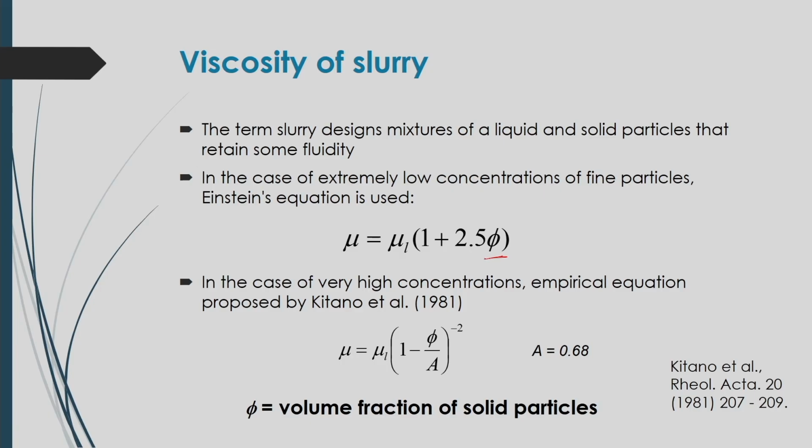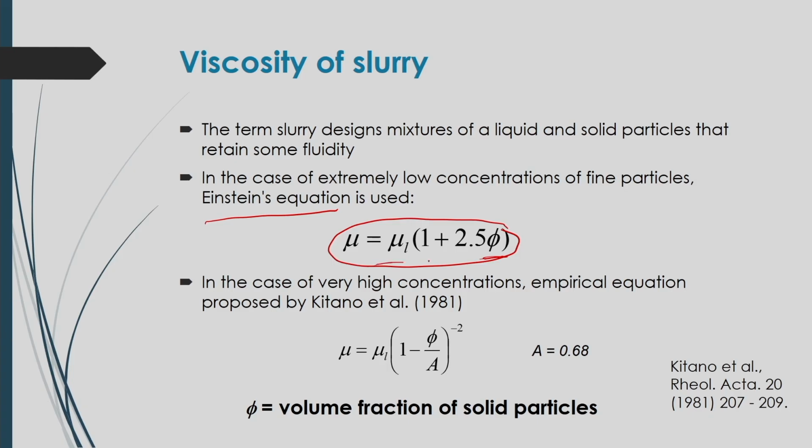If you are adding a low concentration of fine or powder particles, then according to Einstein's equation you can easily calculate the effective viscosity of the slurry. That depends on the volume fraction of the powders or solid particles, and also on the pure water viscosity.